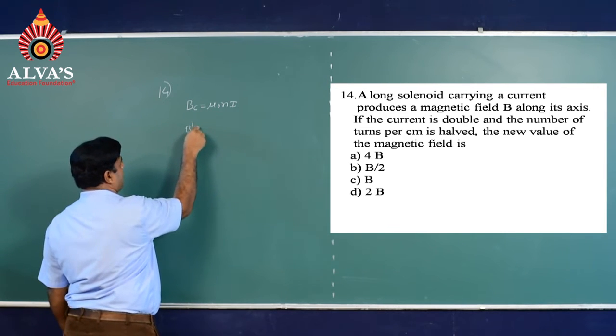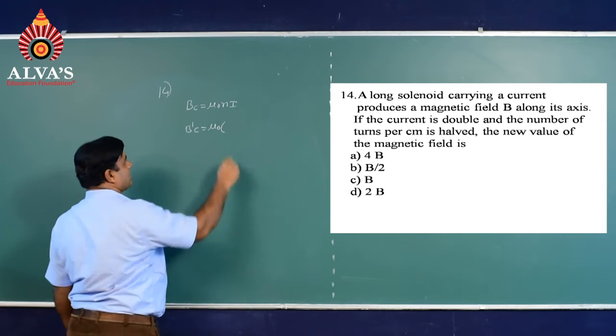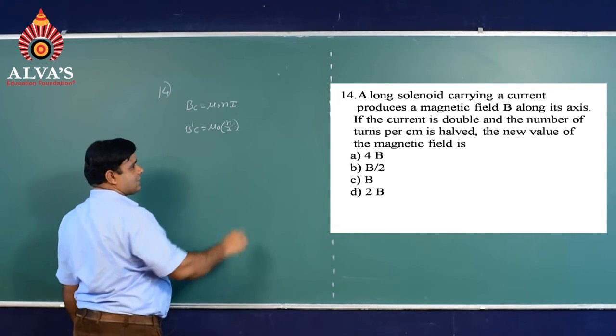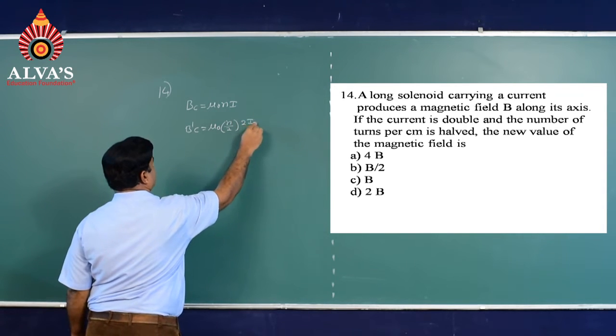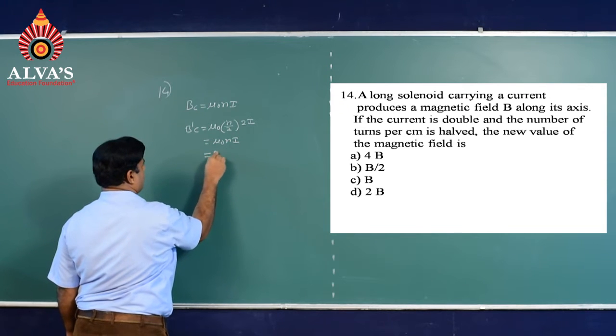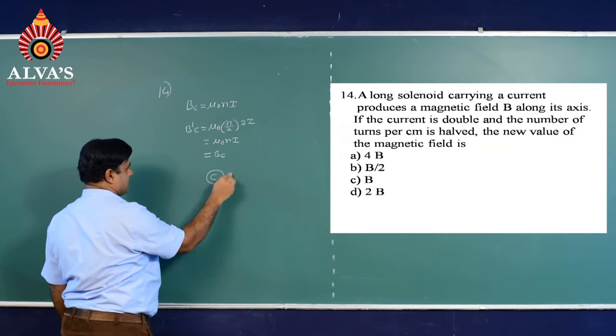So, the new magnetic field is mu naught into N by 2 into 2I, which gives mu naught N I, equal to the original. So, the answer should be C.